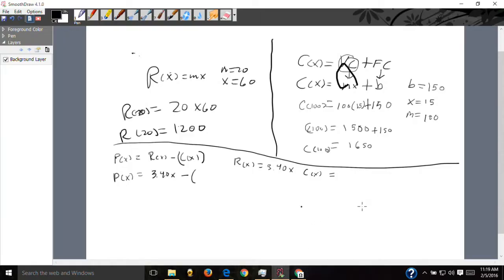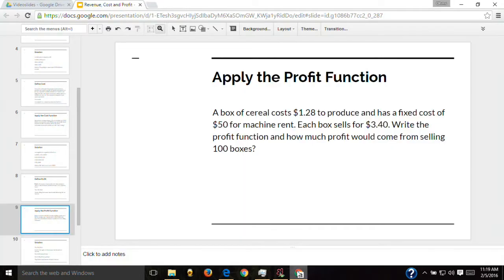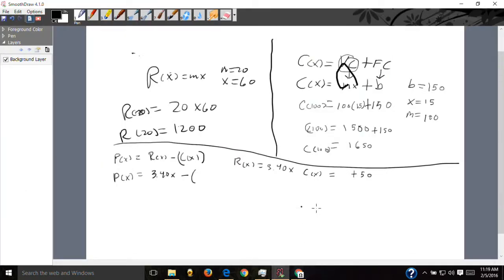Alright, so I'm going to put right here plus $50. Okay. Now let's figure out what the variable costs are. Okay, a box of cereal costs $1.28 to produce. Okay, so that's going to be my variable cost per box, $1.28x.